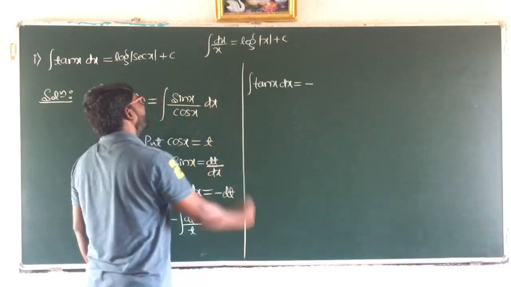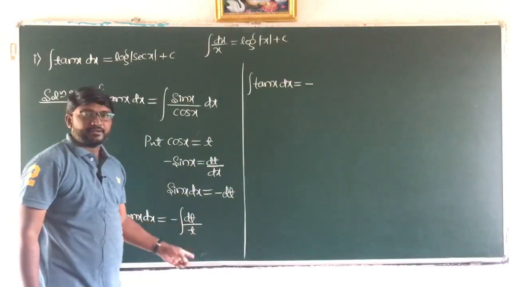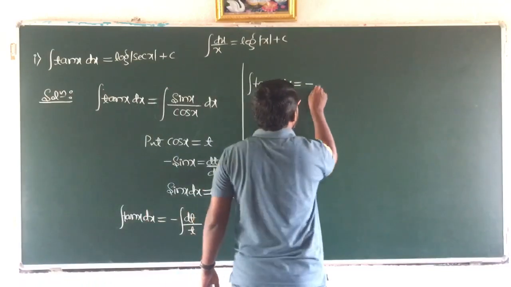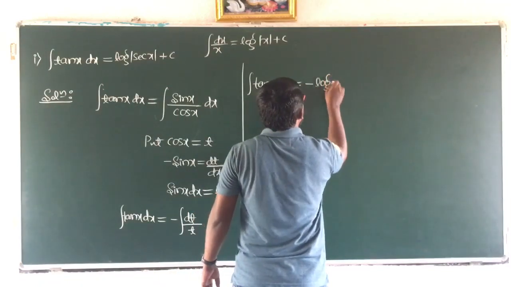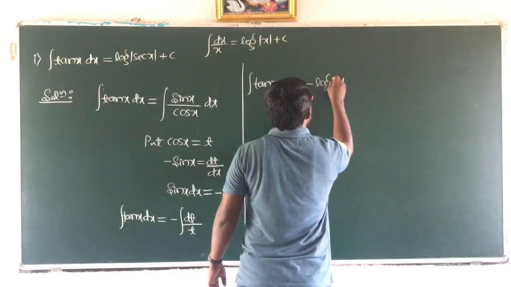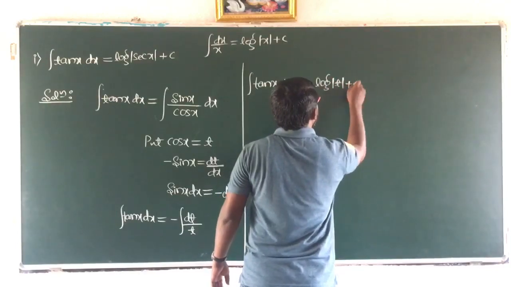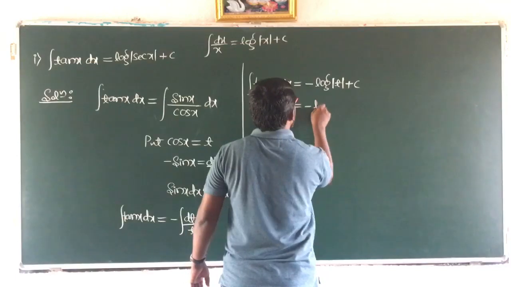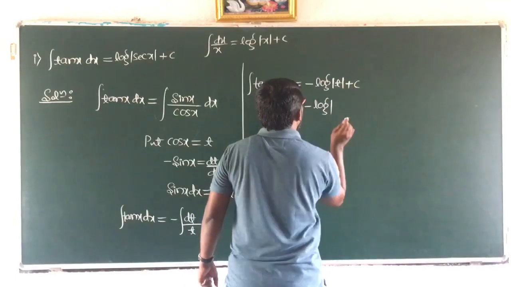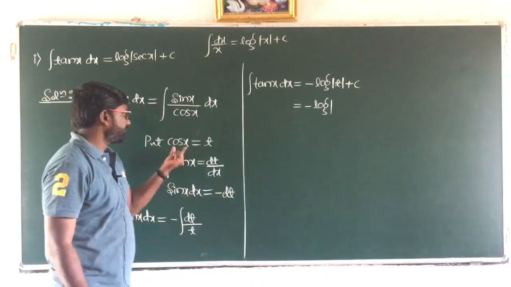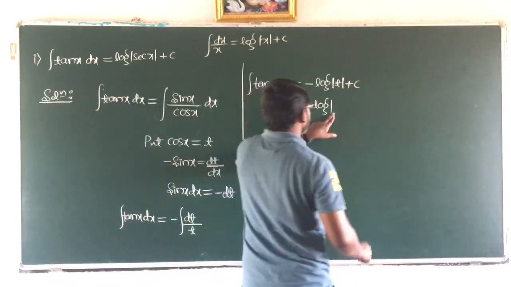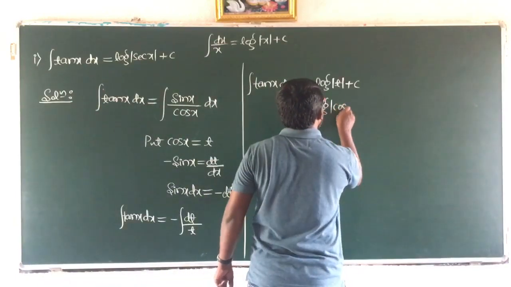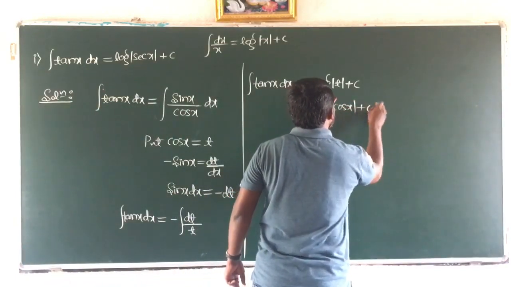So here the variable is t now. So it becomes log mod t plus c. Now replace t here: minus log mod, what is the t? It is cos x. So it becomes minus log mod cos x plus c.